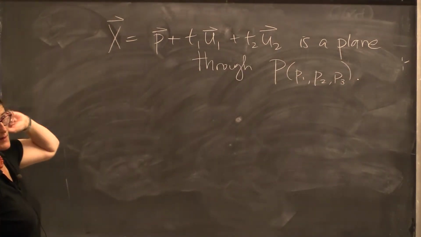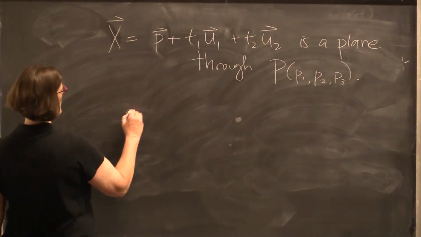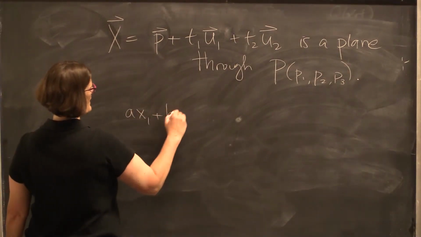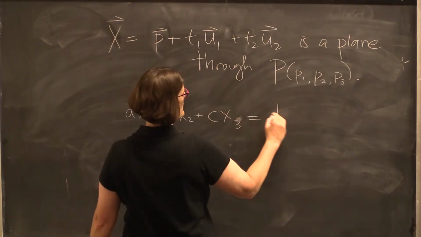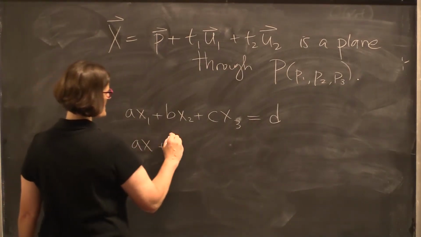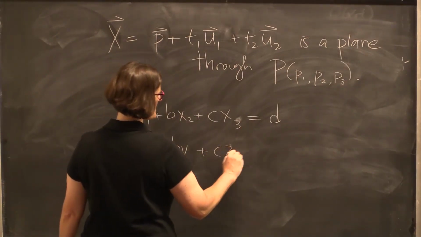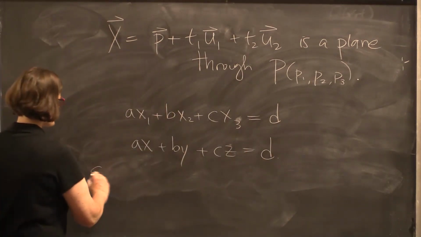So this is the vector representation of a plane. Now, the version of a plane that you're used to from high school was ax1 plus bx2 plus cx3 equals d. Or maybe you wrote it as ax plus by plus cz equals d. This is the scalar equation for a plane.